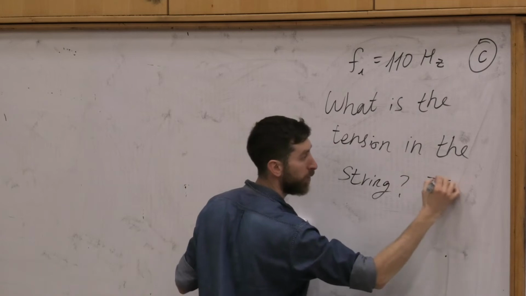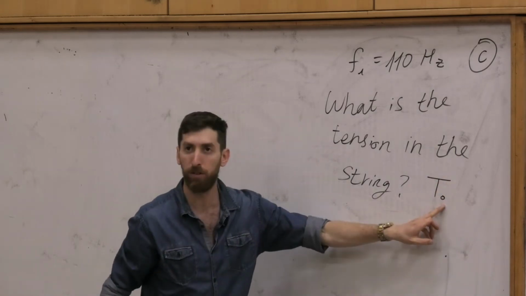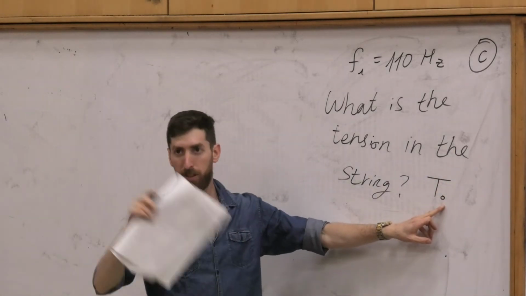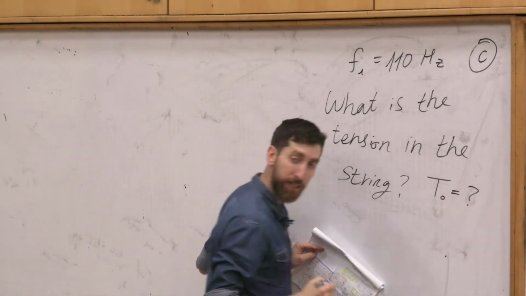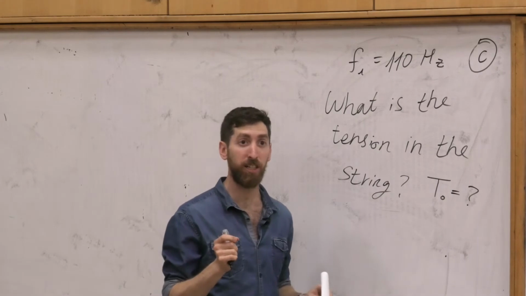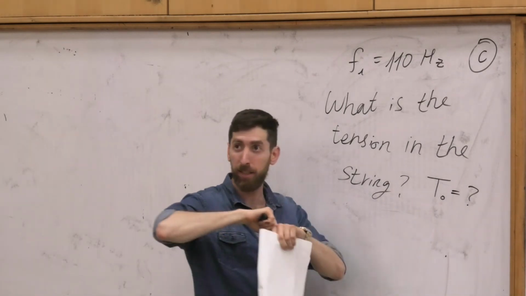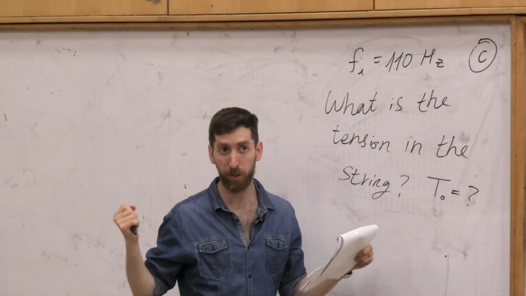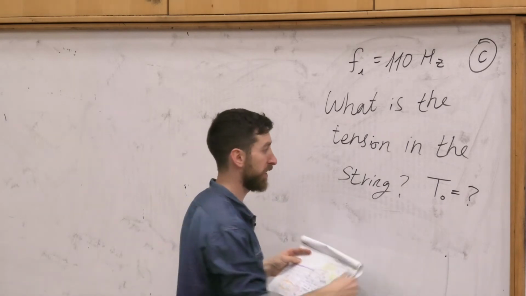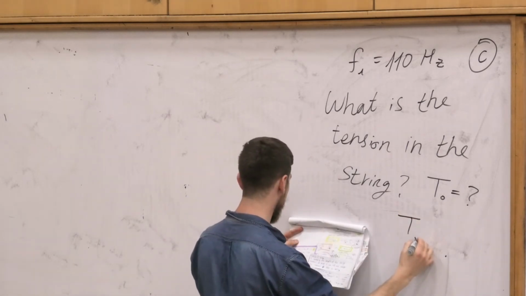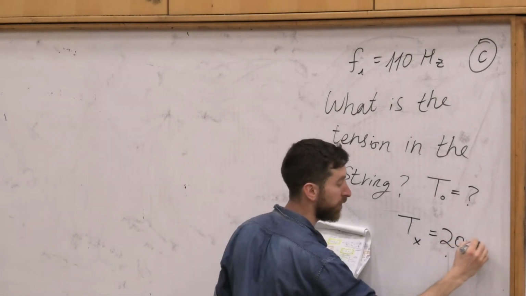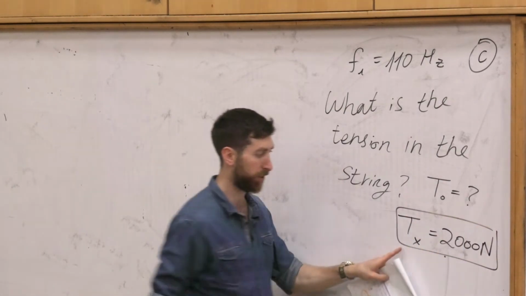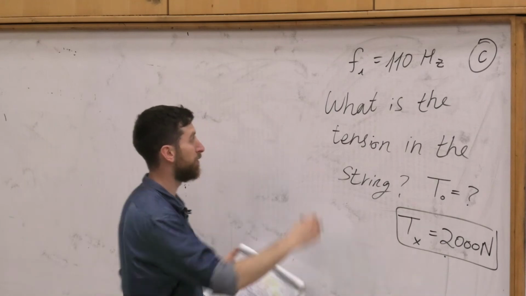So we are looking for T, and I write T-naught, not to be confused with time, the time period. And I'm going to tell you that in some tension, what can happen to the string at a really high tension? Break, exactly. So this is going to be called T max, which is the dangerous one, and this is 2000 newtons. Okay, this is going to break the string. Perfect.